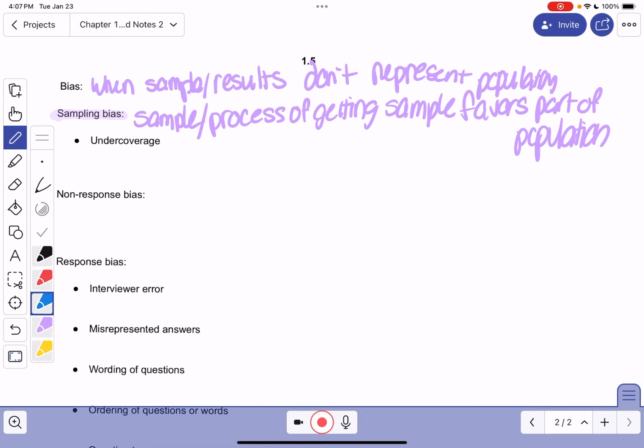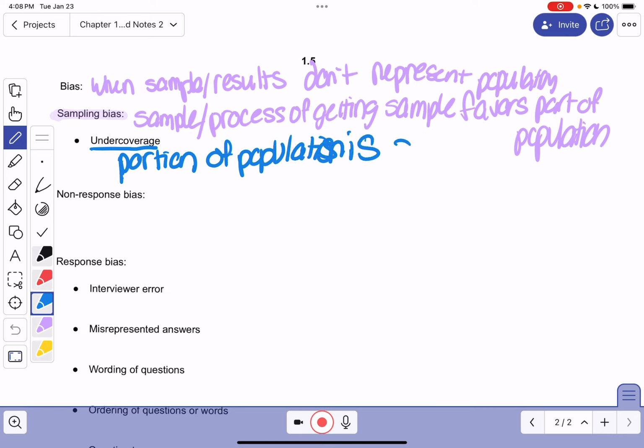One specific kind of sampling bias is undercoverage, and that's when a specific portion of the population is smaller in the sample than in reality.